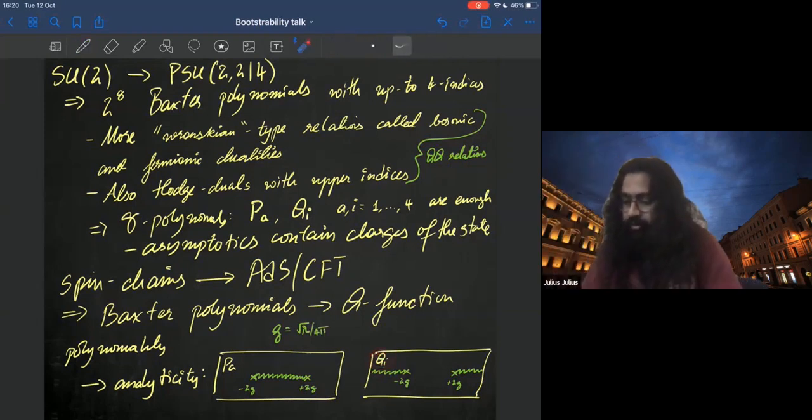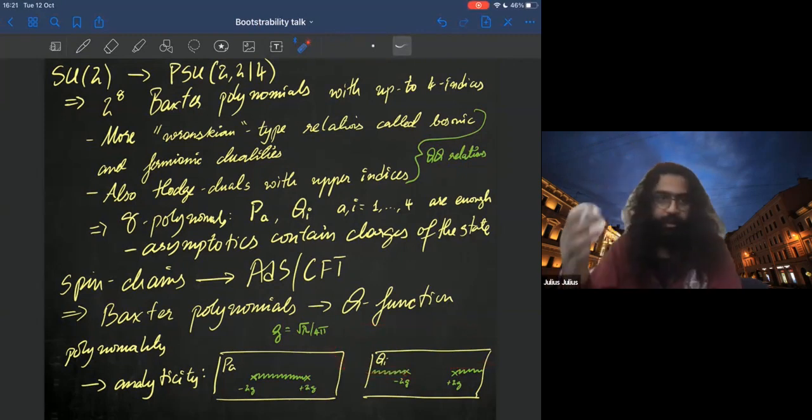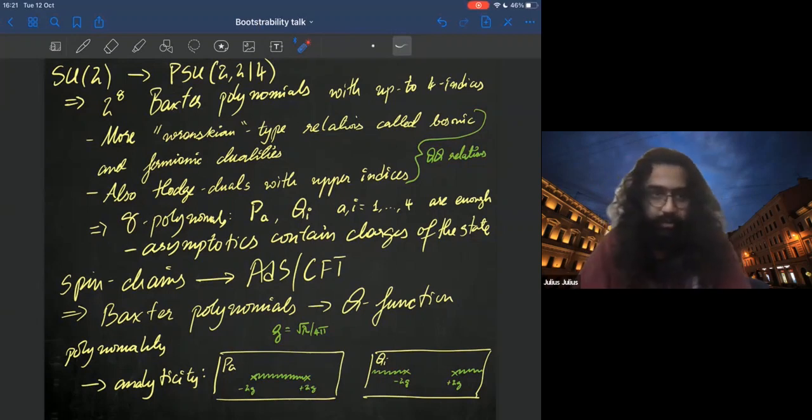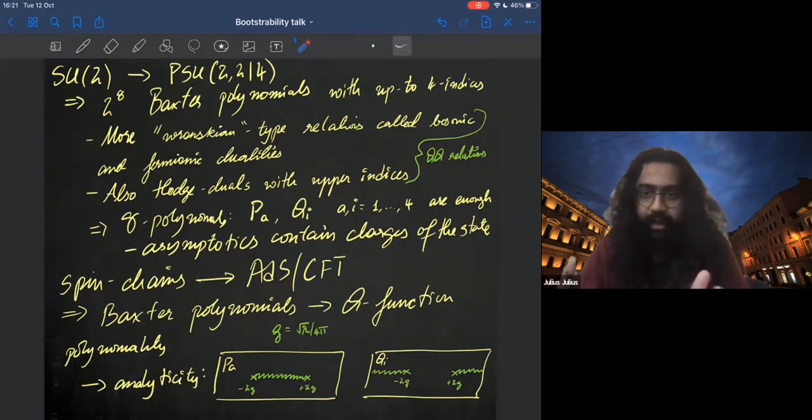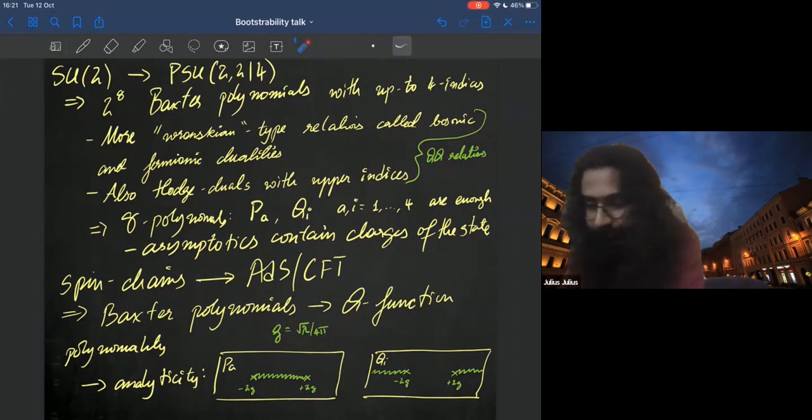And the 4 Q functions have a long cut between -2g and 2g. So this is the review of the quantum spectral curve construction. And using this construction, one can, in principle at least, find the entire planar spectrum of N=4 super Yang-Mills non-perturbatively.